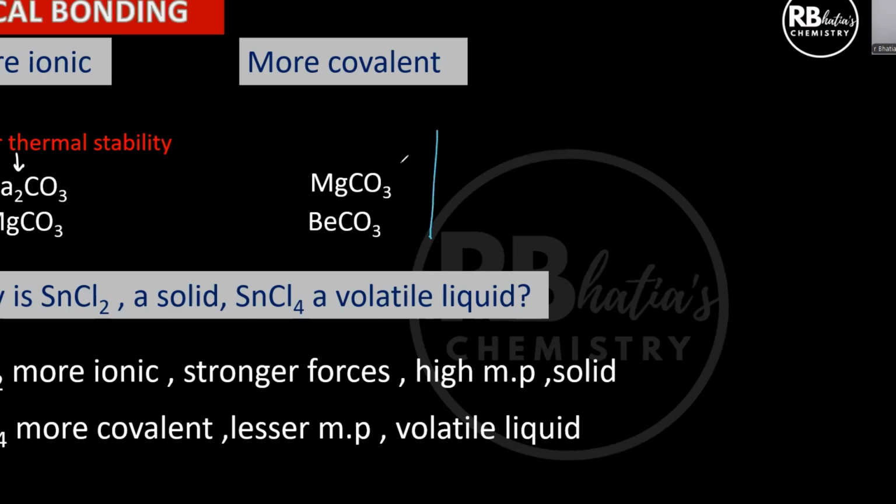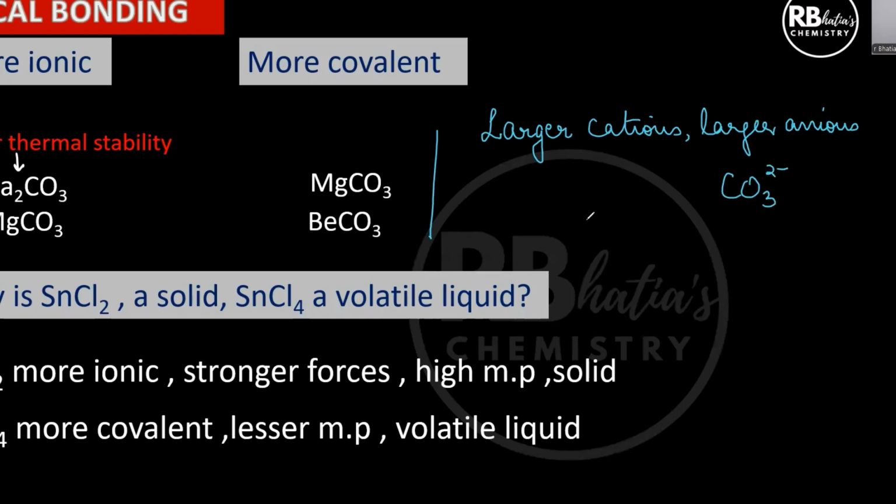When you do this as part of periodic, we also study it this way, that carbonate is a large anion, so larger cations can stabilize larger anions. And since carbonate is a large anion, and out of sodium ion and magnesium ion, sodium ion is larger in size, so sodium carbonate is more stable than magnesium carbonate. Or in other words, magnesium carbonate has more covalent character. That is why it's less thermally stable than sodium carbonate.